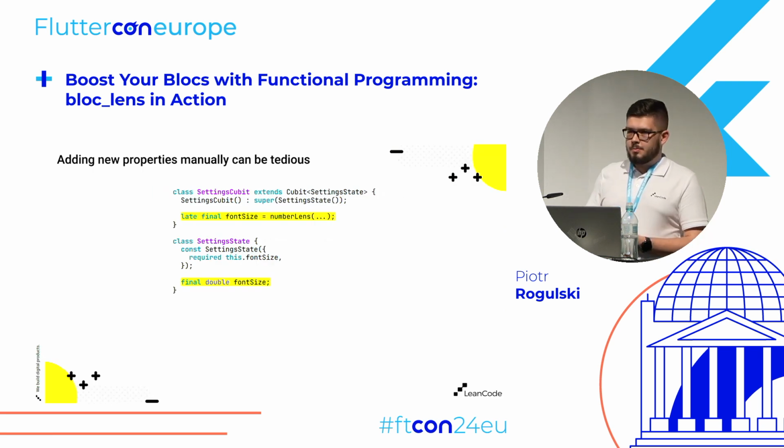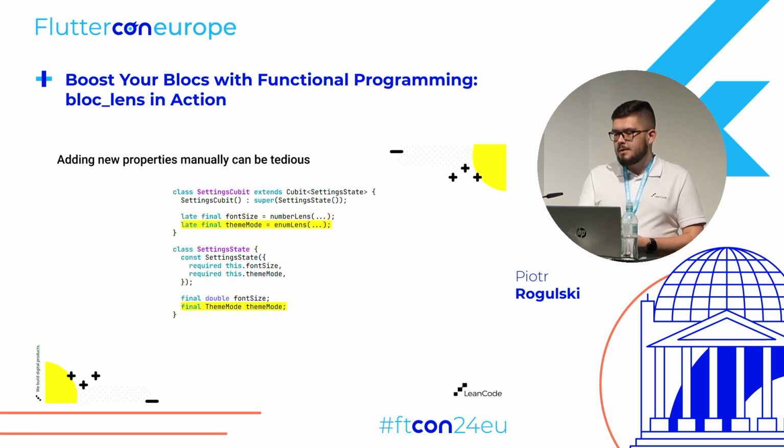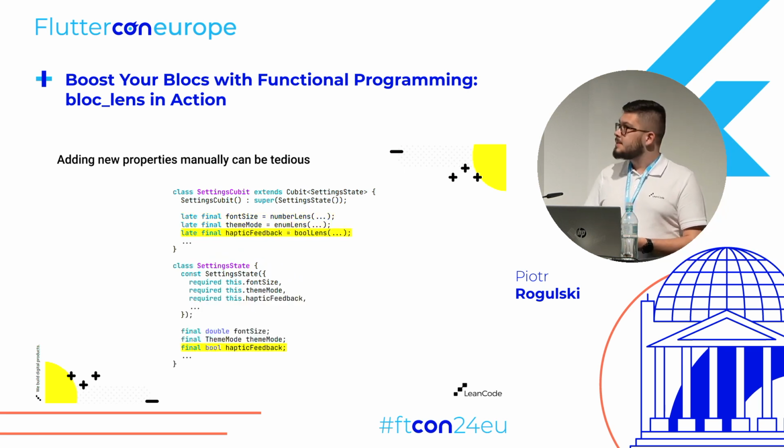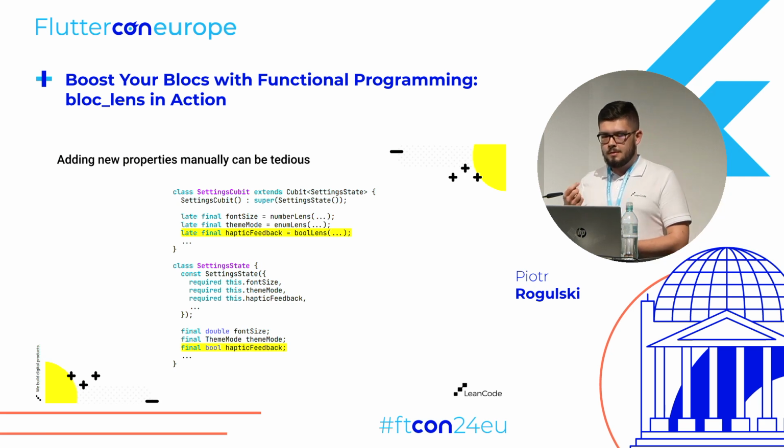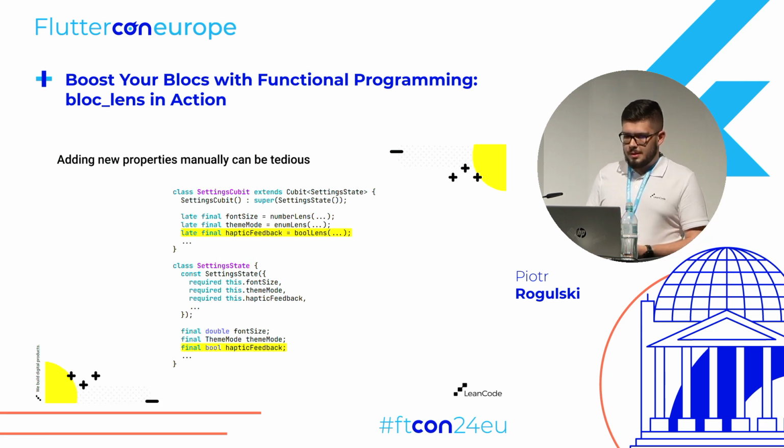When your qubits grow, you have to define new methods. Even with block lenses, each time you add a property, you have to define a new lens. It is boilerplate, it's tedious, you might forget accidentally, you might change them around, you might do something wrong. And we don't really want to add additional properties just to be able to use them somewhere else.